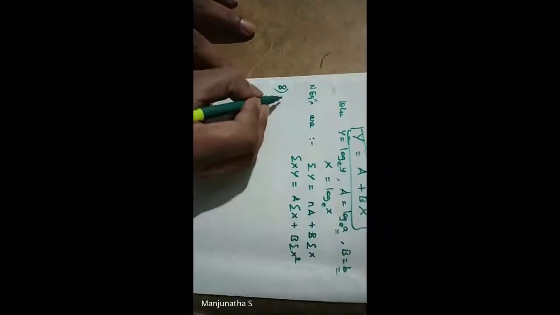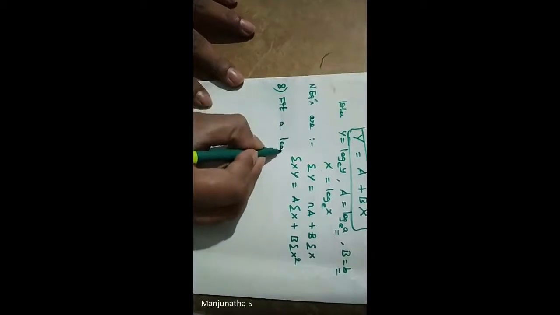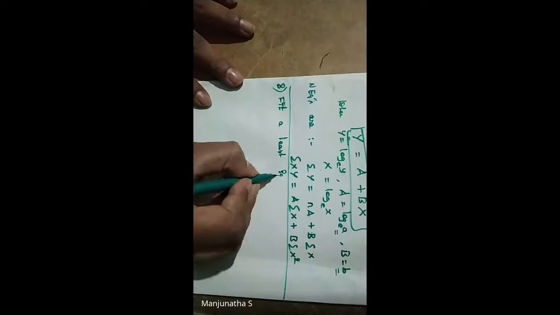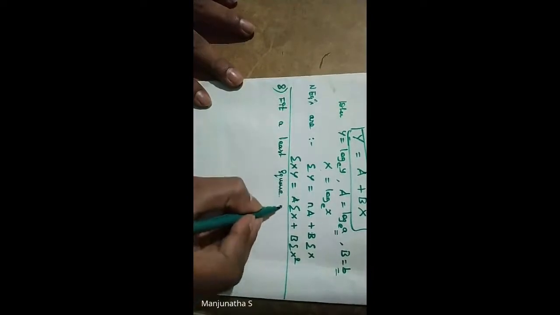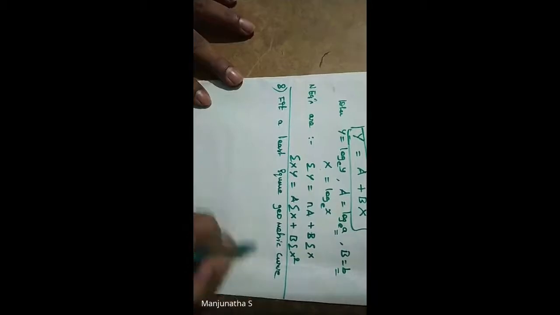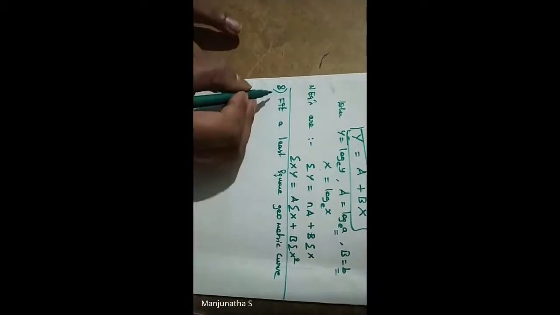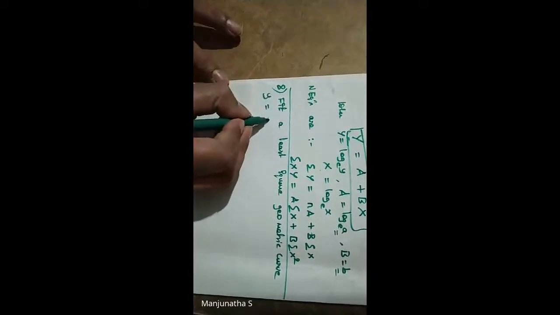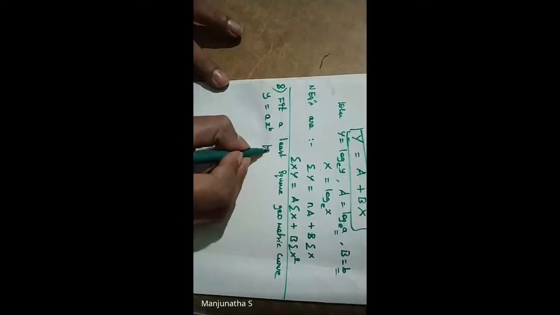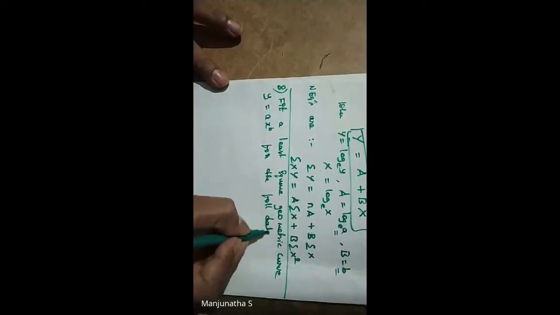The question number is 8. The question is like this: fit a least square geometric curve y is equal to a x power b for the following data.